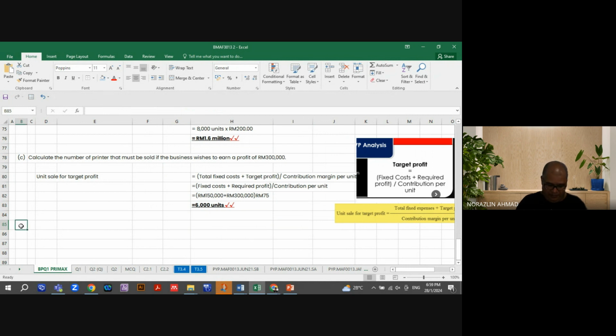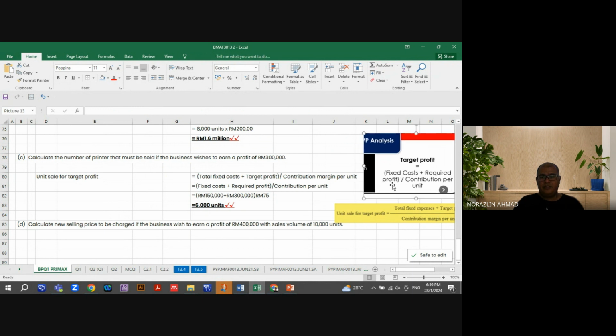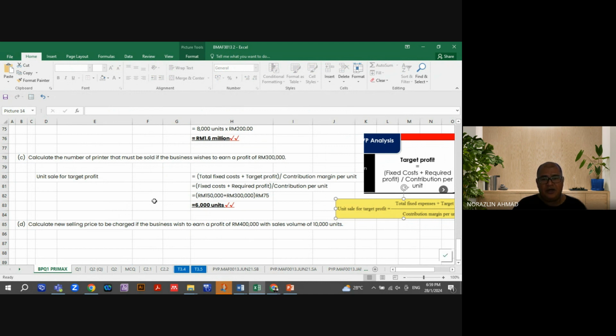Okay. And then D. And this one. Okay. Calculate the new selling price to be charged if the business wishes to earn a profit of RM 400 with a sales volume of 10,000.